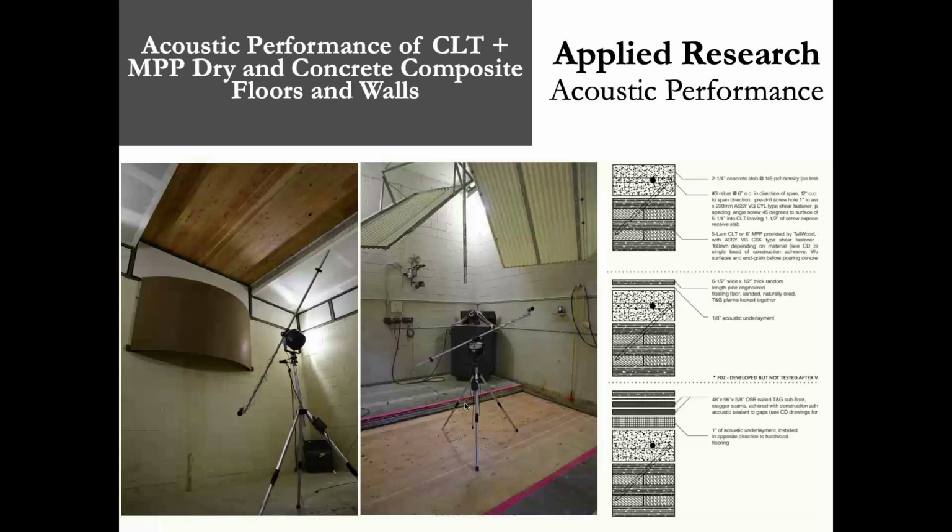There's a dearth of data for designers, and that sometimes scares them off, and they are leery of trying mass timber. So we've done some different sets of tests looking at different kinds of layups with things like CLT with different kinds of Acoustimat solutions on top, and concrete toppings and all of that kind of stuff. And that data is available on our website.